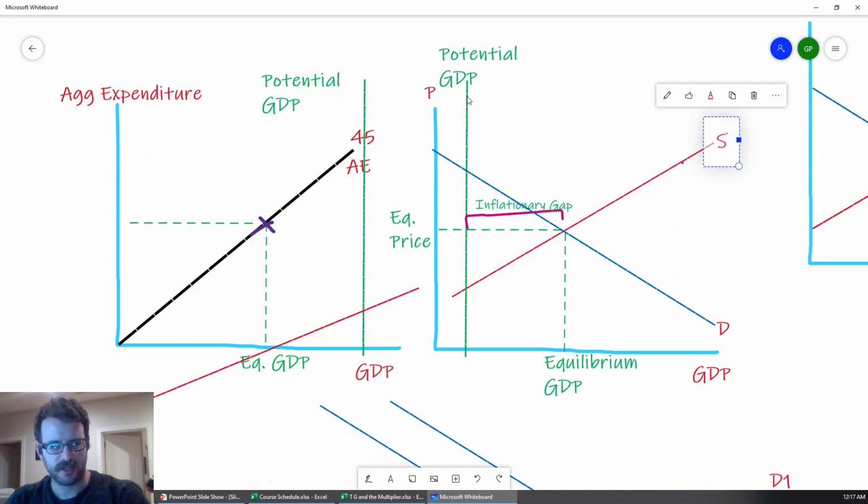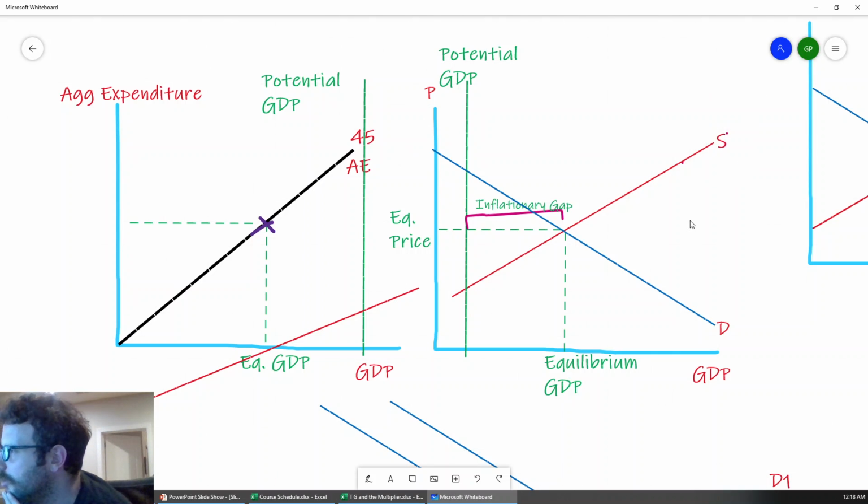So essentially, you're going to supply at your maximum potential. And the only thing that can move potential GDP in the long run, as we talked about before, is changes in technology. It's not about the employment or the price of your inputs. So you can consider your potential GDP your long-run aggregate supply.